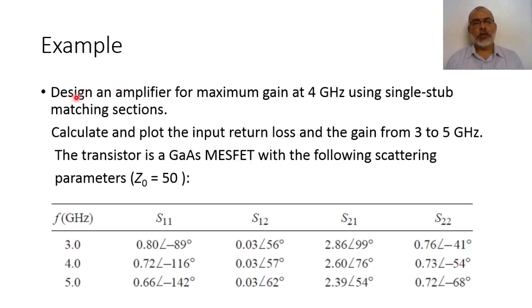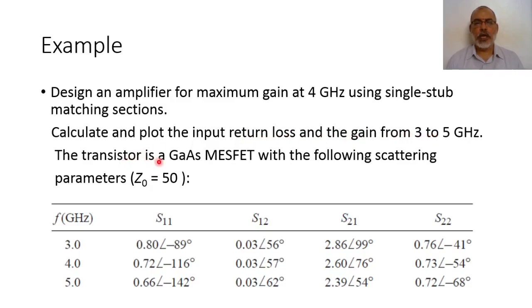It is required to design an amplifier for maximum gain at 4 GHz using single stub matching sections. Calculate and plot the input return loss and the gain from 3 GHz to 5 GHz.